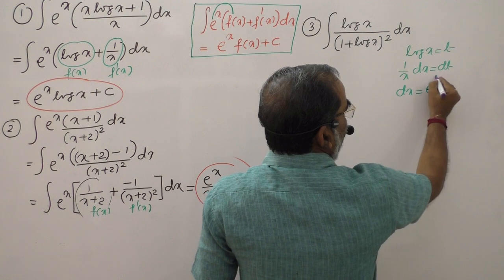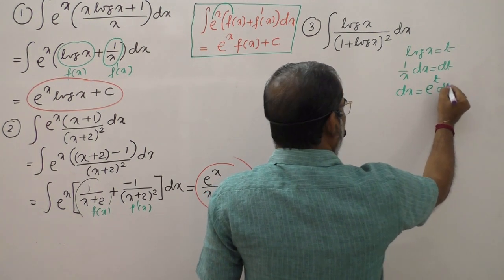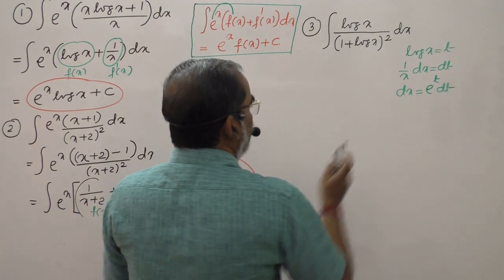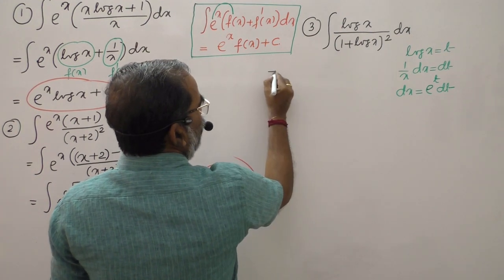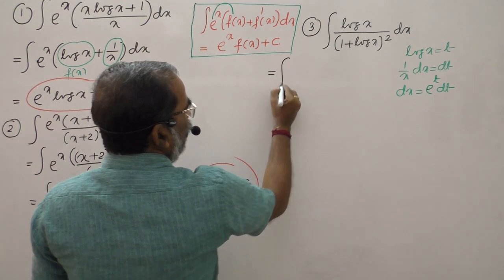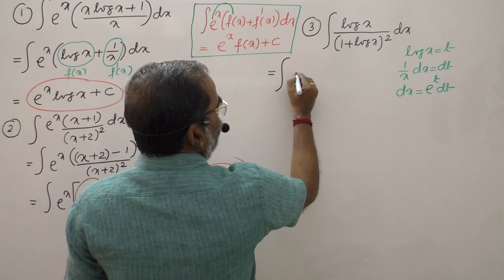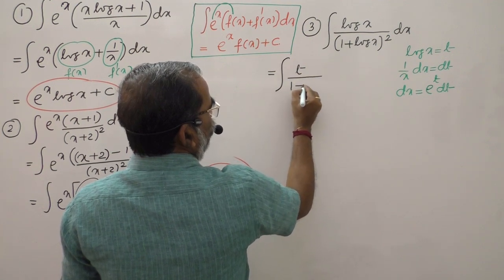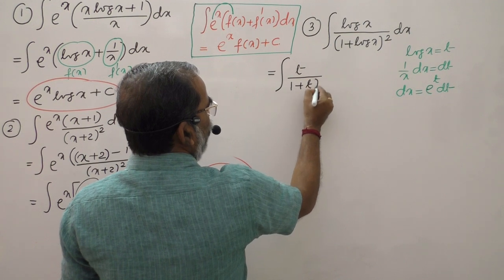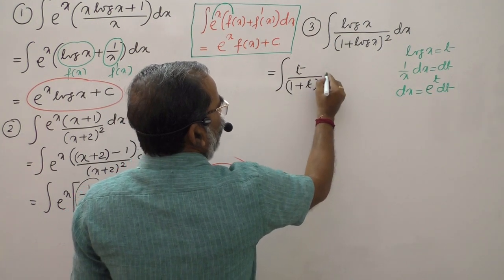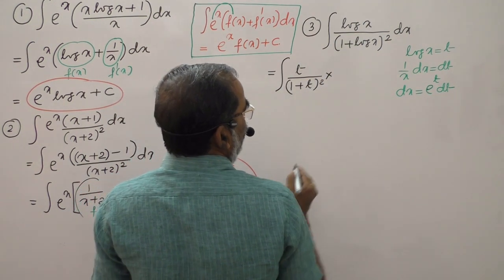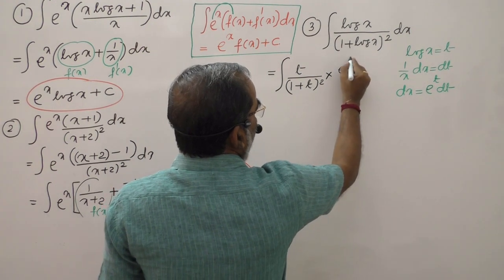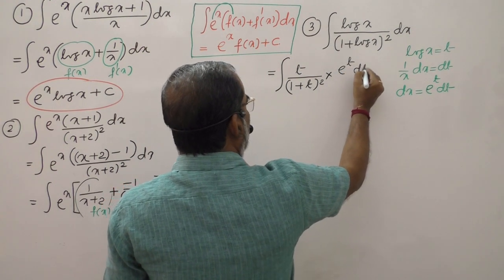X is e power t into dt. By taking this substitution, this integral becomes, what is log x taken? T. What is there here? 1 plus log x, 1 plus t whole square into, what is dx now? It is e power t into dt.